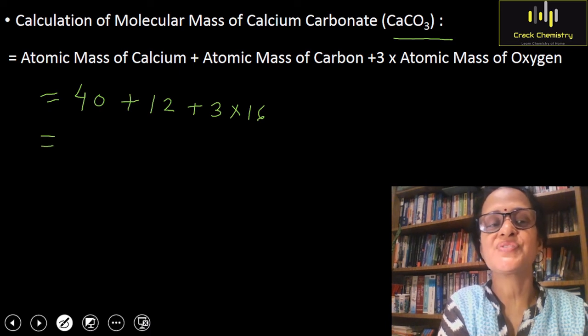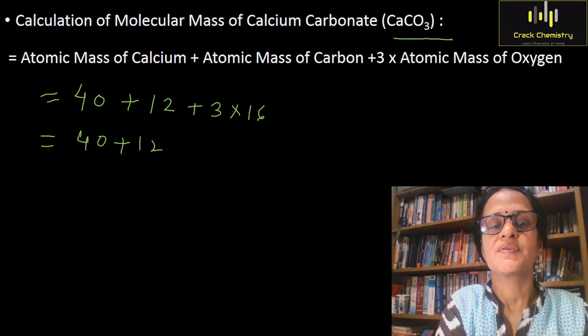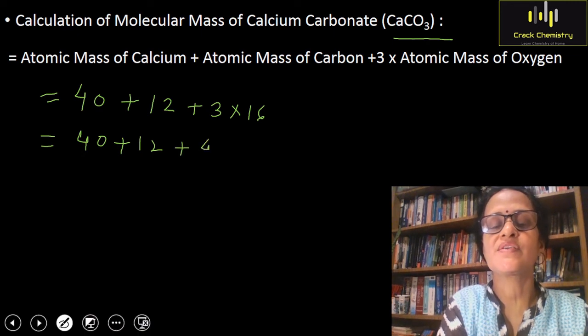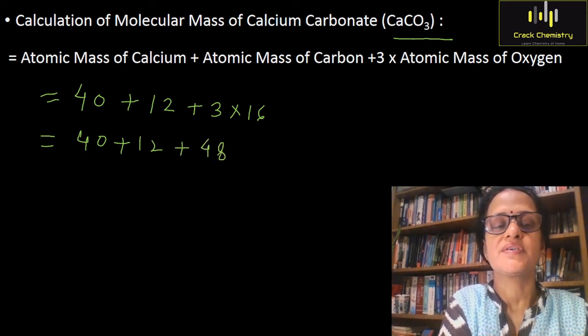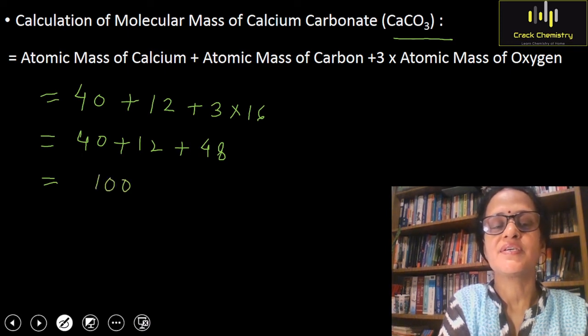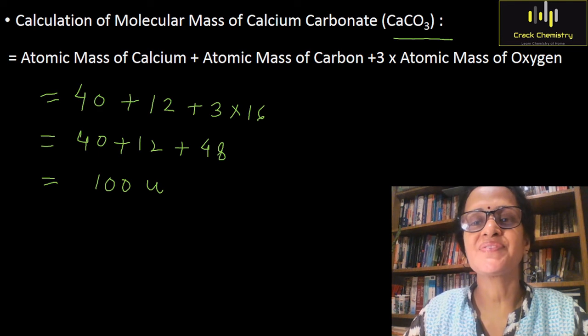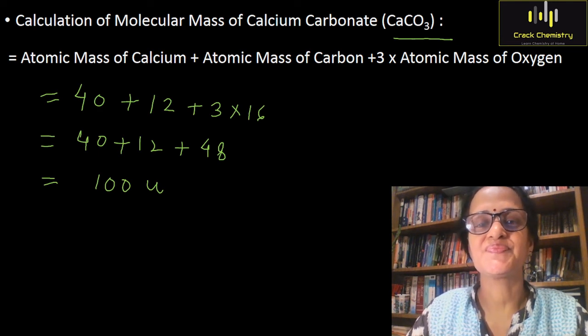On calculating this, we will get 40 plus 12 plus 3 into 16 is 48. So on adding these numbers, we will get the answer 100. So molecular mass of calcium carbonate is 100 U.